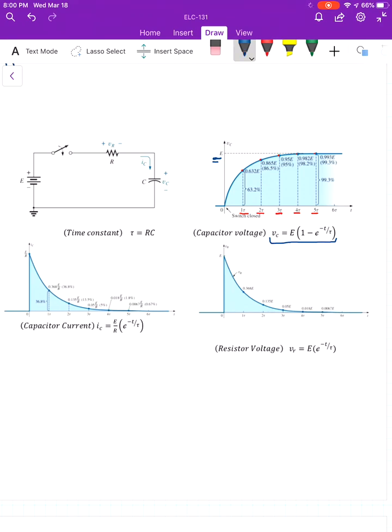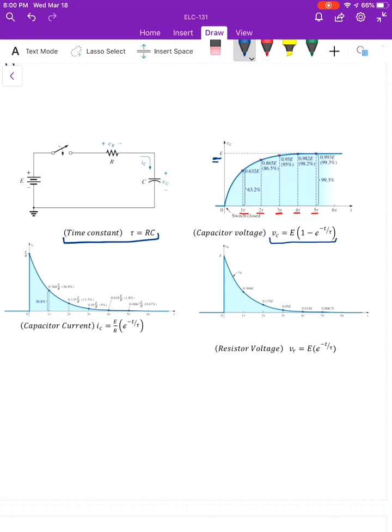So let's talk about that time constant. The time constant of the circuit depends upon a couple things. It depends upon the capacitance of that capacitor, how well it's going to store the charge across the plates, and it also depends upon the current through the circuit, which is controlled by the resistor.